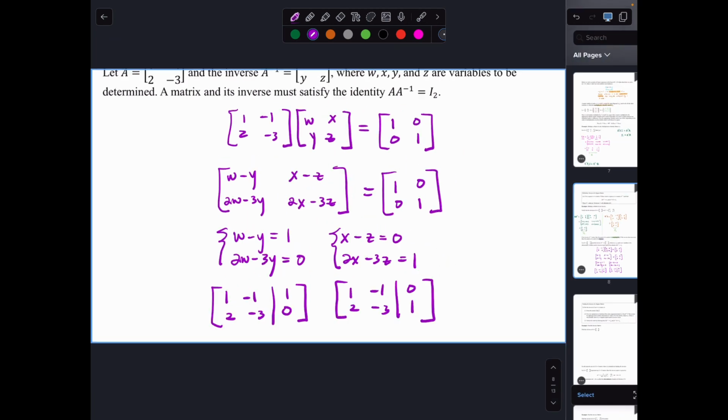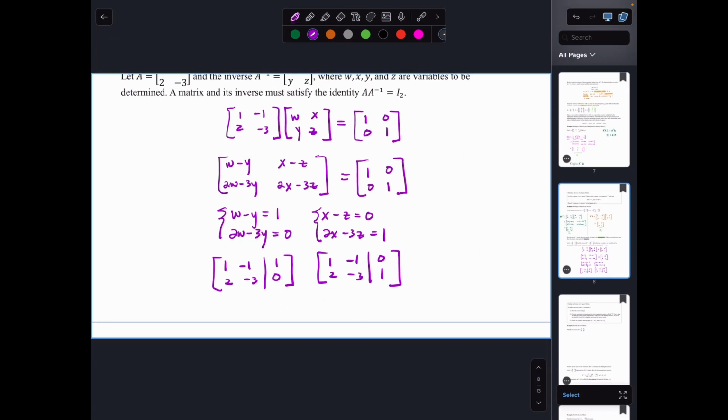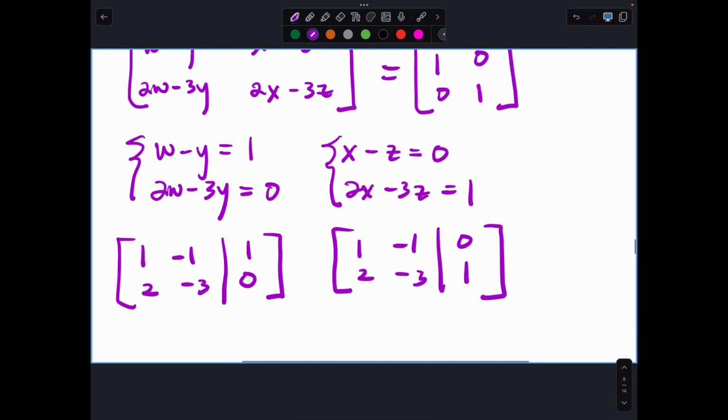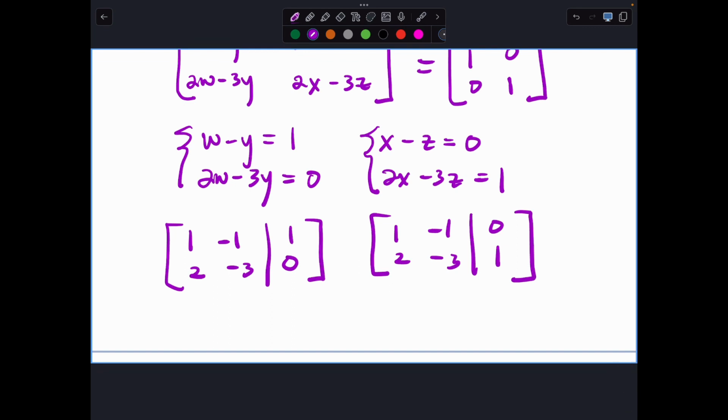I'm going to add a page here because I'm going to run out of room. What do we notice about these two augmented matrices? The coefficient part is the same. The left side of each of those is the same.